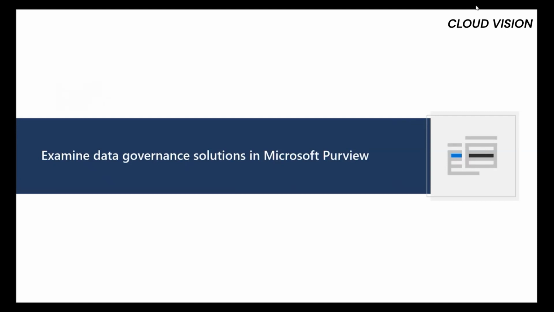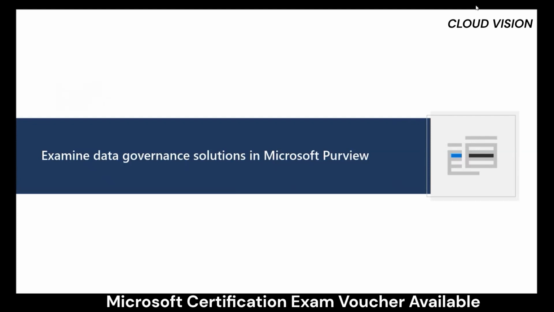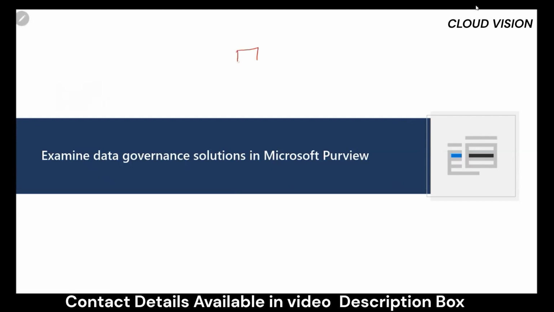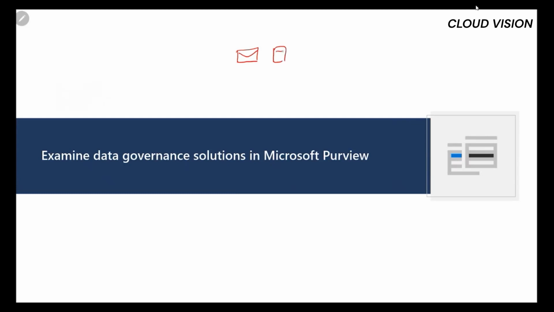What about applying some kind of protection on a data level? Like if I want to protect my emails or files, do I have some solutions that Microsoft is providing that will allow me to apply data level protection?